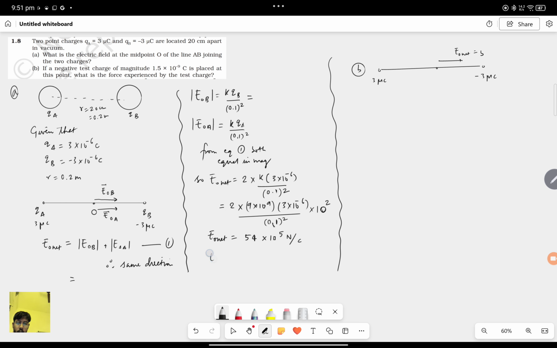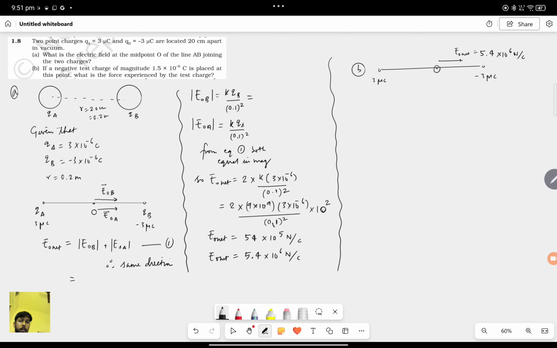And if we are converting it to a more general form, it is 5.4 into 10 to the power 6 Newton per Coulomb, and that is our answer, 5.4 into 10 to the power 6 Newton per Coulomb of net electric field in this direction.